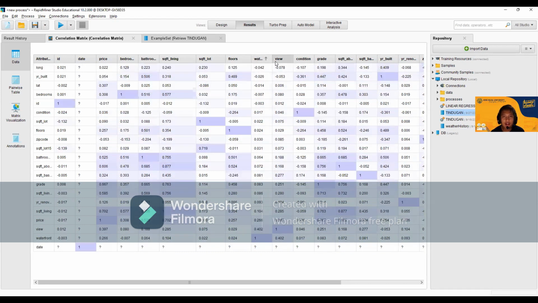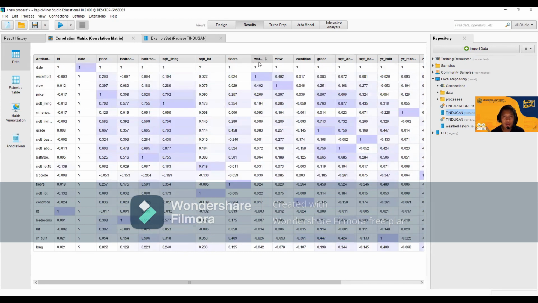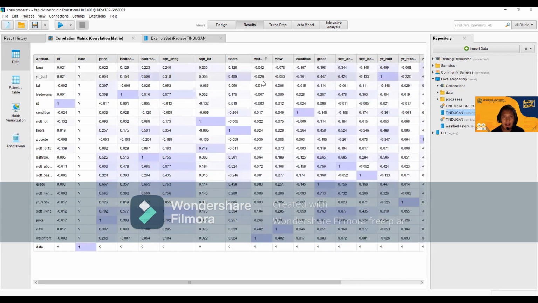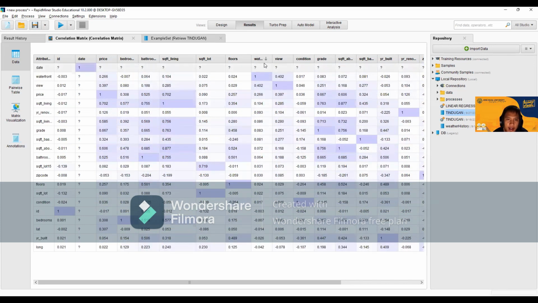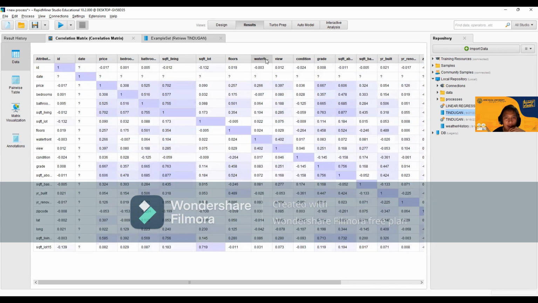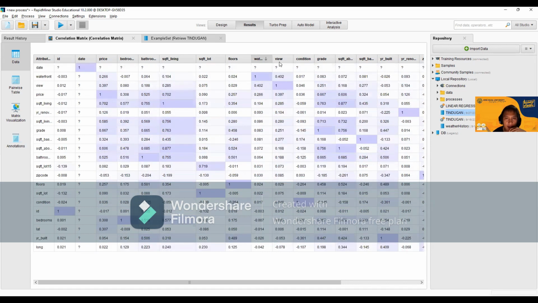This one I do not want to predict because this is binary, not a continuous numerical value. The waterfront and the view are not included in our attributes to predict the price. For the condition, there is also no relationship because it is 0.017.